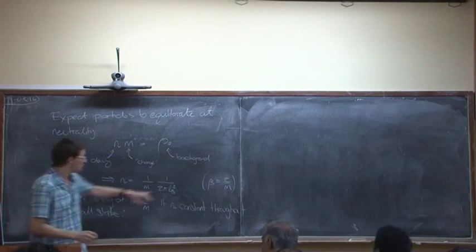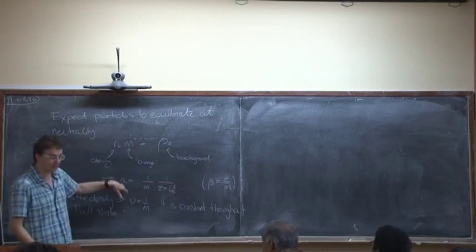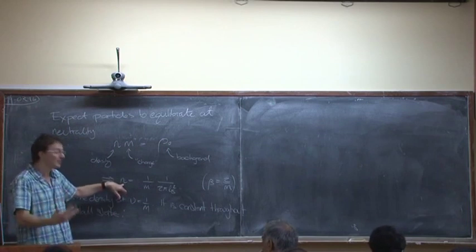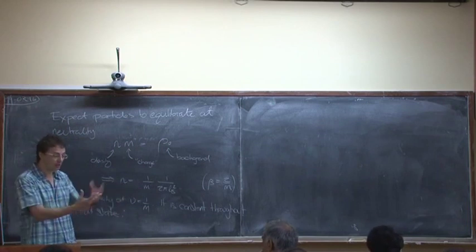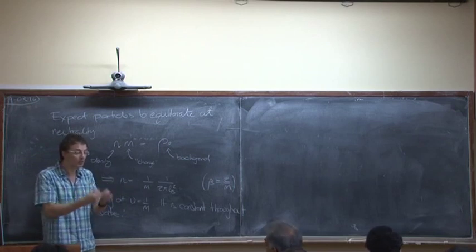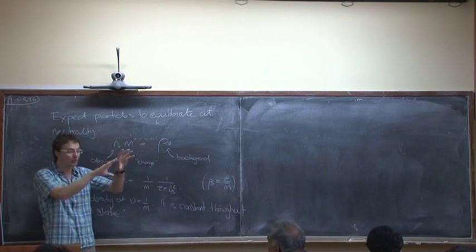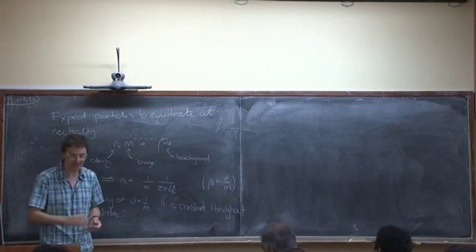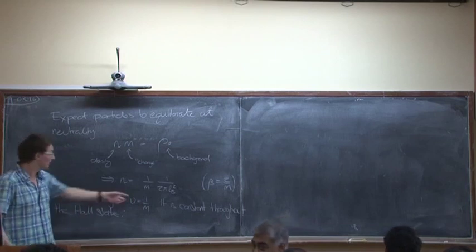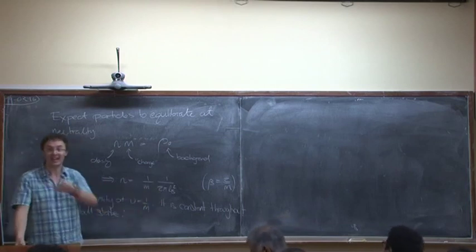But now we have a question. We fixed beta and we fixed the average particle density. So now the question: what is the phase of this plasma? Does it form a solid or does it form a liquid? Which is a more subtle question about how the correlations between the electrons are.